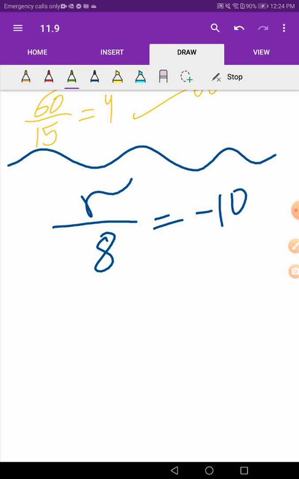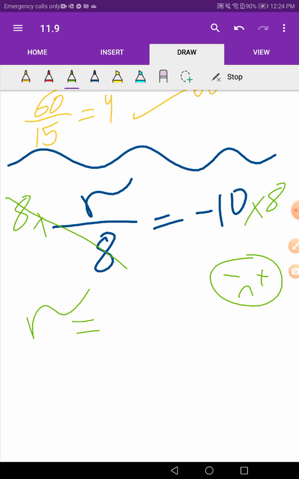As we did before, to undo dividing by 8, you need to multiply by 8, multiply by 8. I have R over here equals, because they cancel each other, so we have the R isolated. We have a negative number times a positive number, which means negative. 8 times 10 is 80. As simple as this.